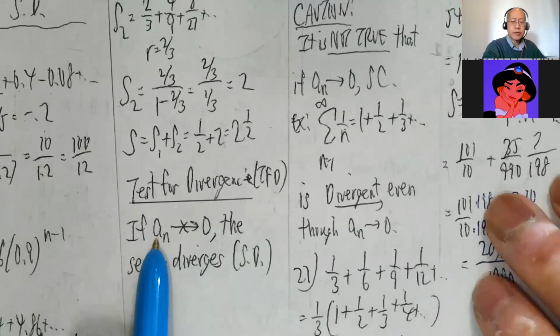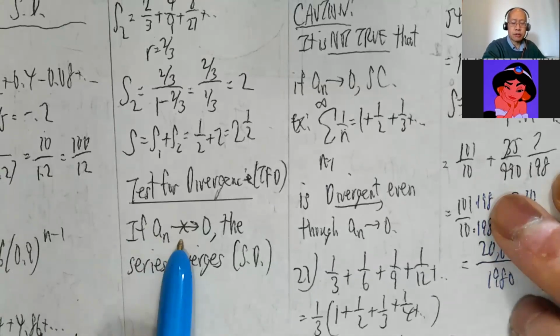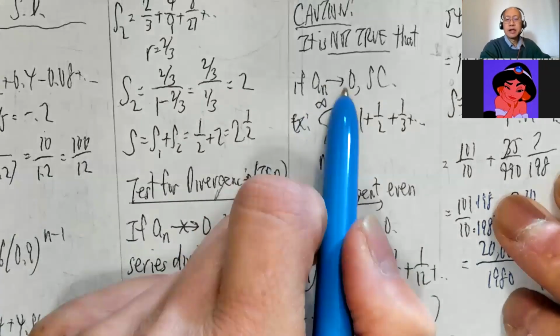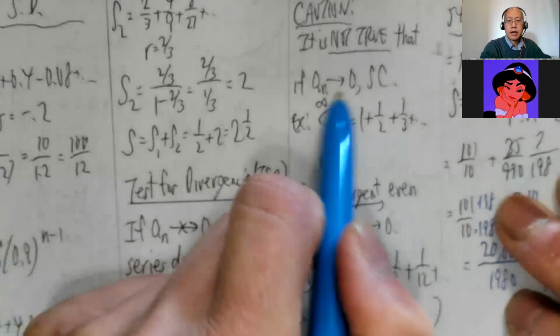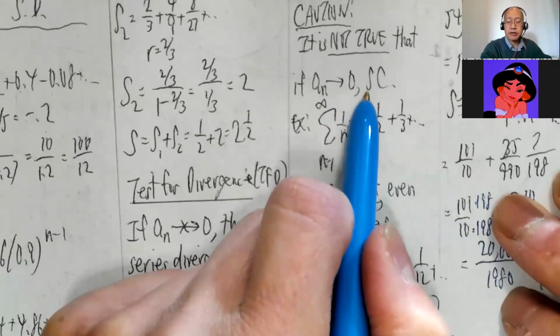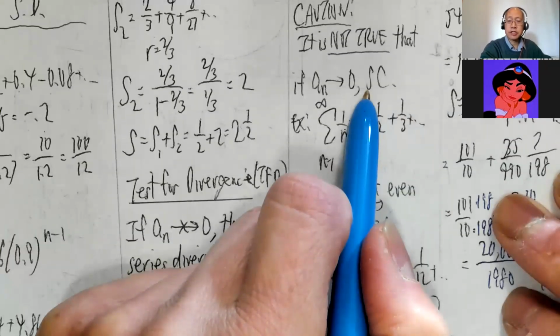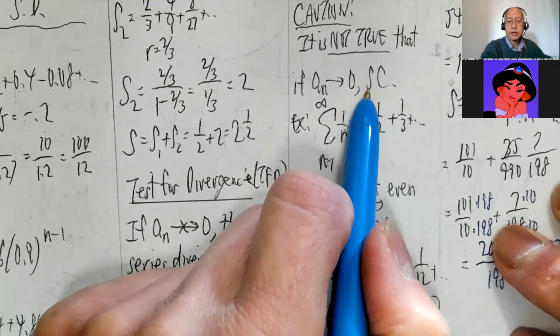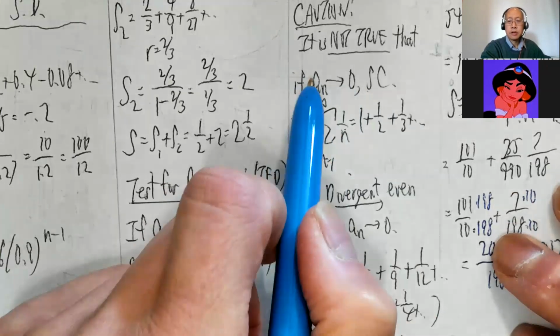This is true: if a sub n does not approach 0, the series diverges. However, if a sub n does approach 0, that does not mean the series converges. The series might converge, the series might diverge. Okay, that's kind of tricky. This is not true. Okay.